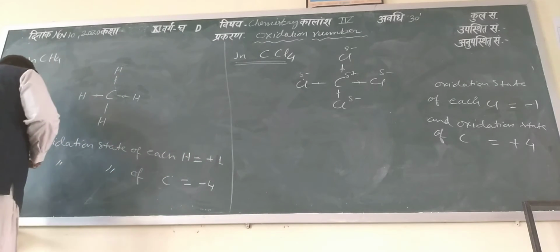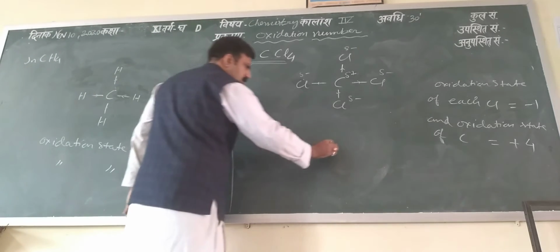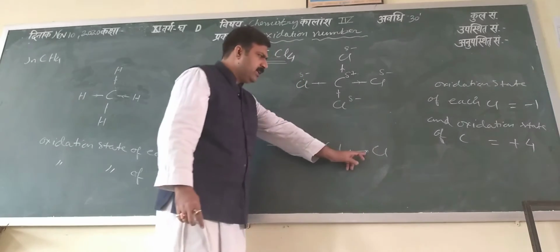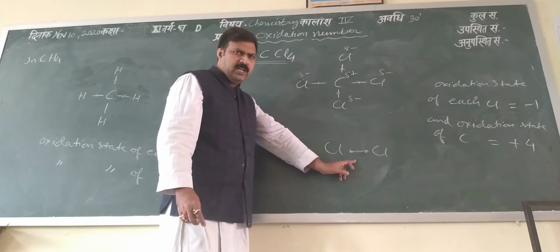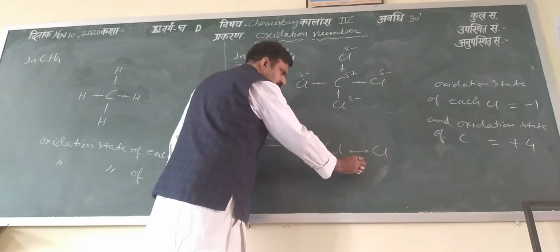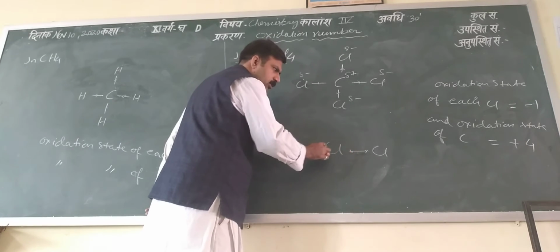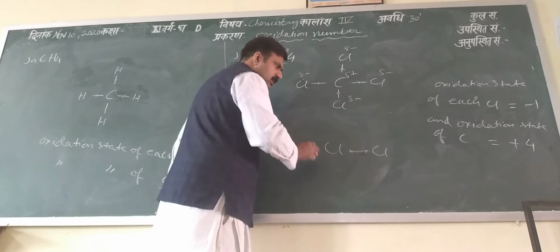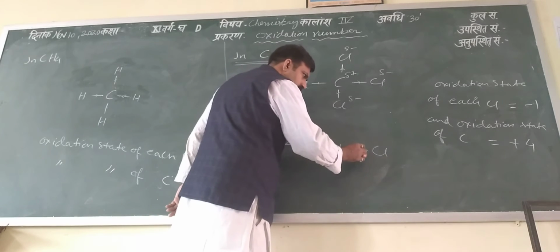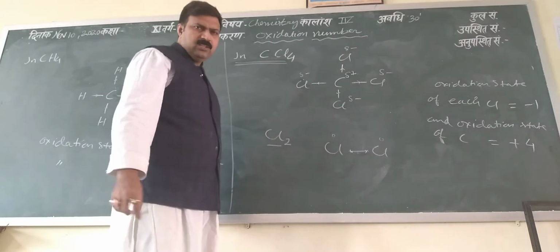For example, in case of Cl2, the shared electrons will be equally shared between both chlorine atoms. So this bond will be non-polar, and if the bond breaks, both chlorine atoms will get their shared electron. It will break homolytically, equally, and so the oxidation number on each chlorine atom will be 0.